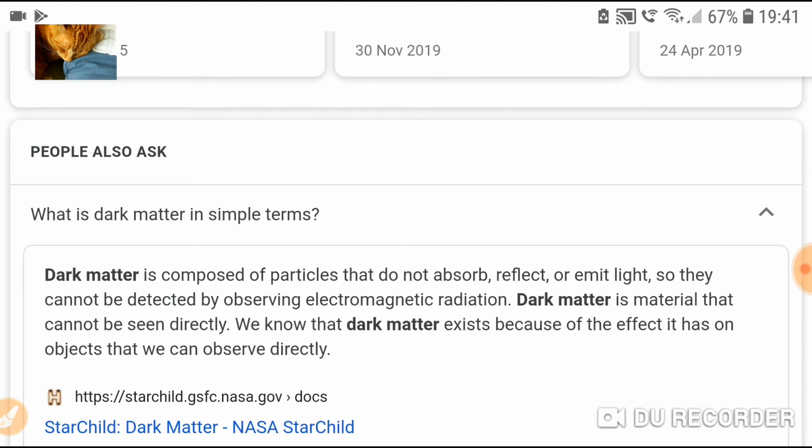They don't absorb, reflect or emit light. They cannot be detected by observing electromagnetic radiation. It cannot be seen directly. Yet we know that it exists because of the effect it has on objects around it. That's the only reason we know it exists, by other things.